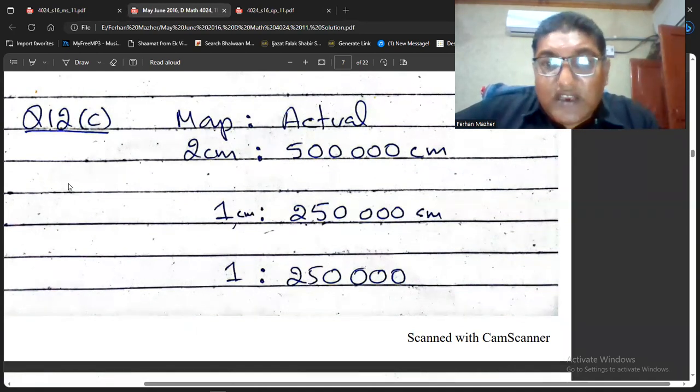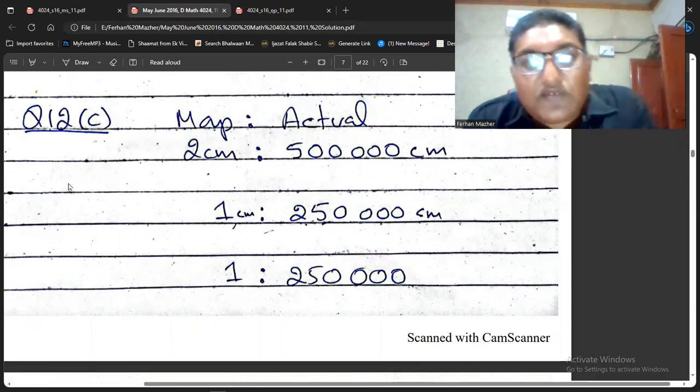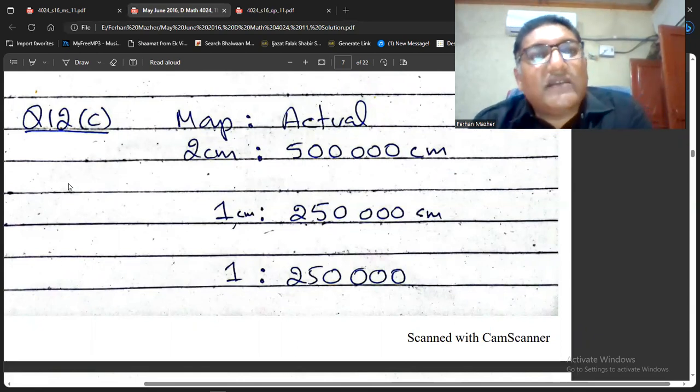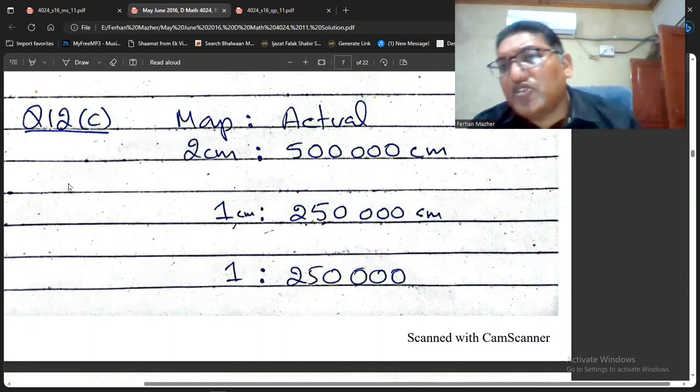So that's why I made their unit same. So 2 centimeter ratio 500,000 centimeter. Divide both the sides by 2 because in the question they want the first portion of the ratio to be 1.